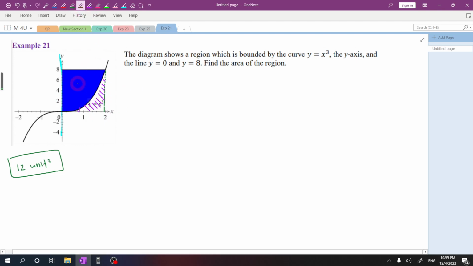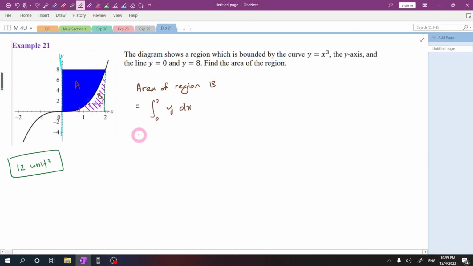So let this be A and this be B. Area of region B. Since this is above the x-axis, we know that the definite integral will be positive, right? X-axis, so I use y dx. So these two numbers must be taken from the x-axis, which is from 0 to 2.